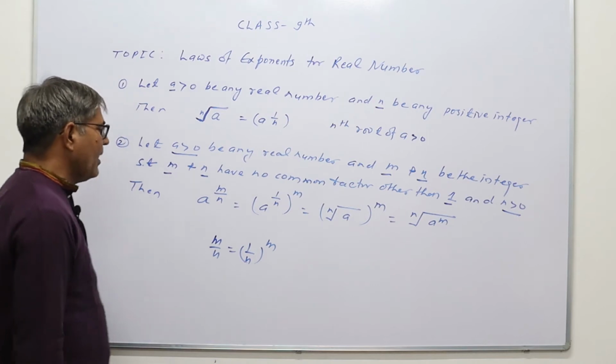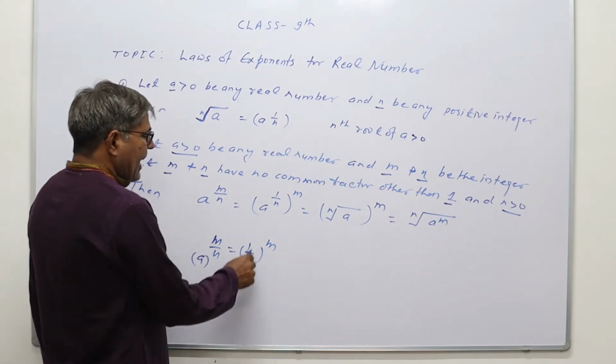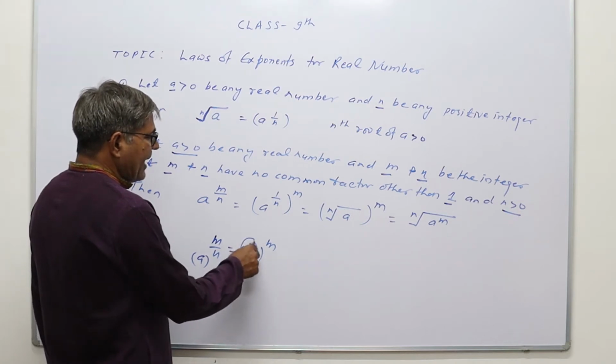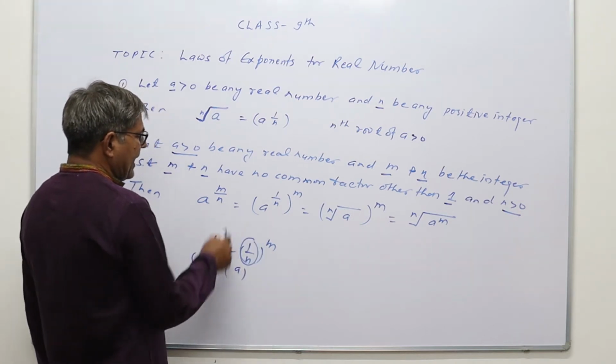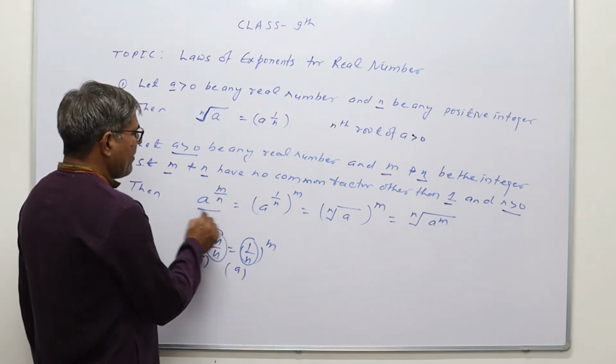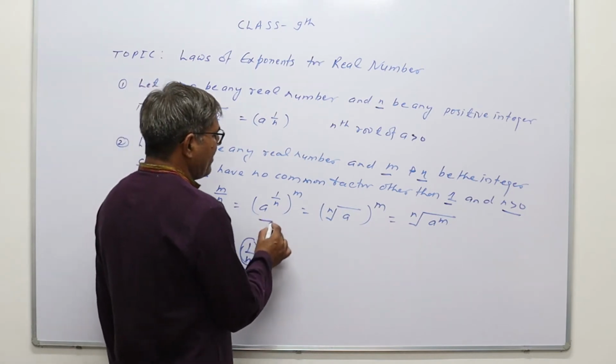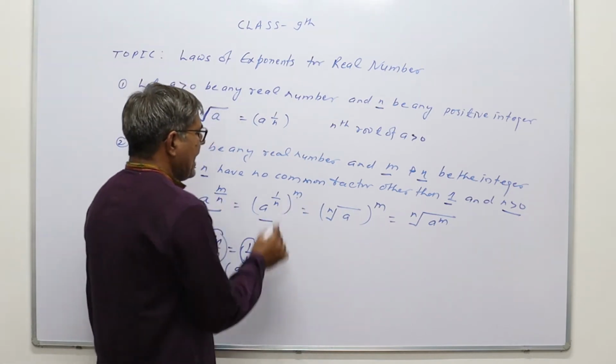So powers will be multiplied. Again, a raised to the power 1 by n, if multiplied by m, can be written as m by n. So a raised to the power m by n can be written as a raised to the power 1 by n whole power m.